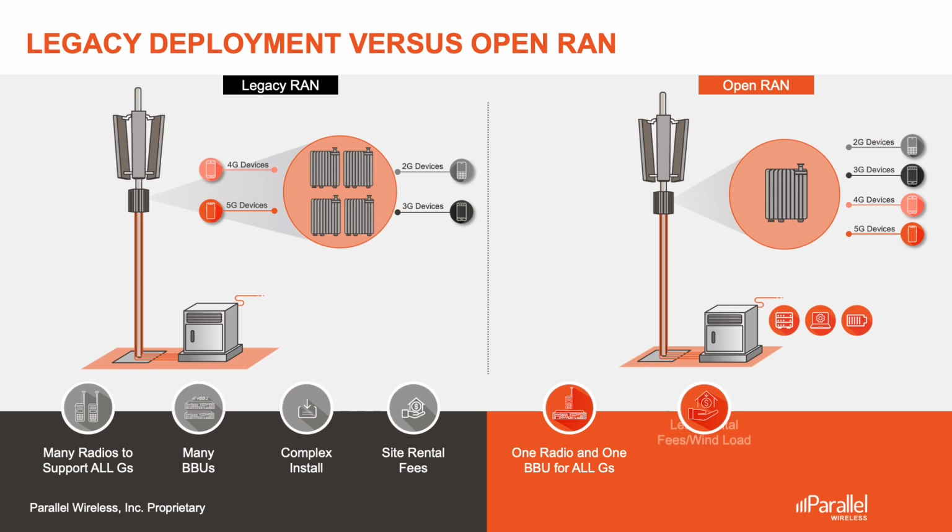This means that we install a lot less equipment than we used to in the past, and it also means that we don't need as much space as we did before, same as for power and transmission. So we pay less for rental fees, we pay less for electricity. It all impacts our operational costs.